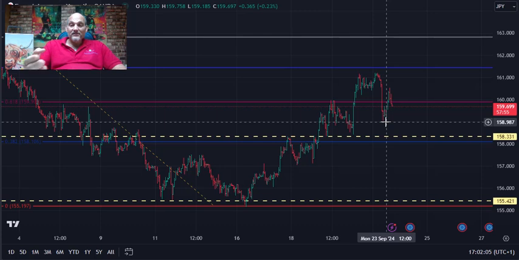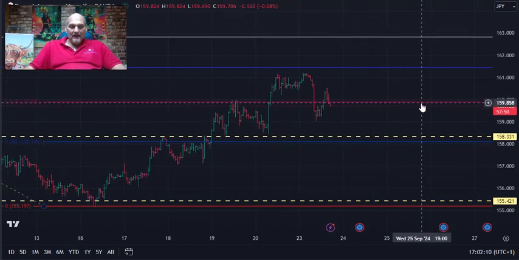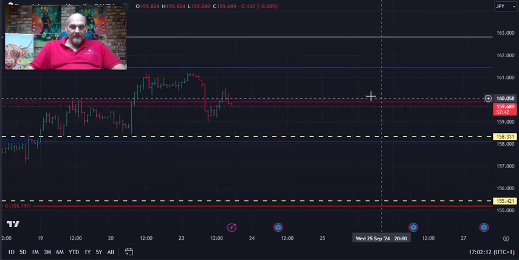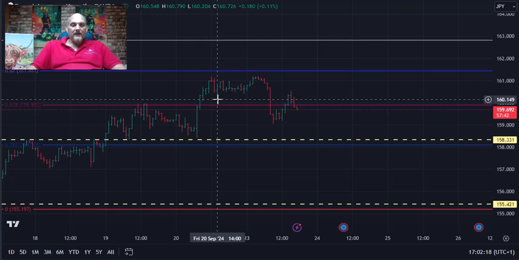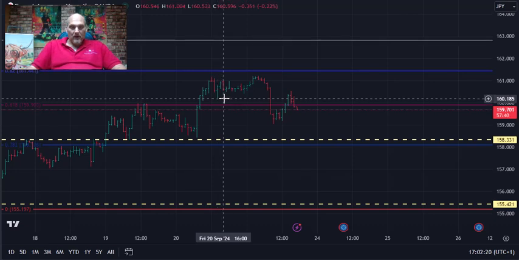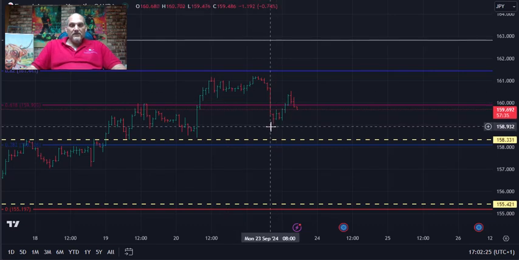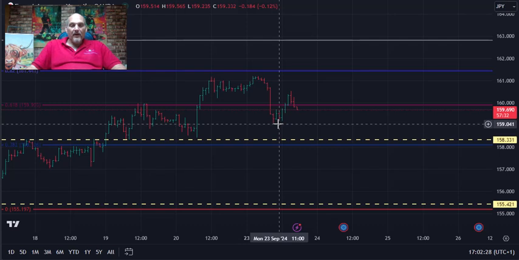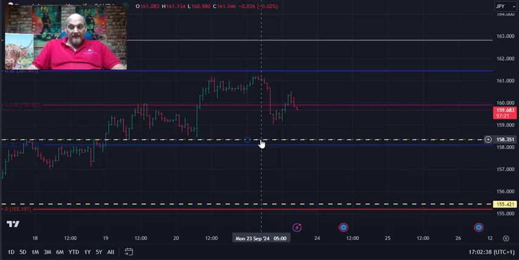Now this is a 1 hour chart, so, not talking out of both sides of my mouth, is this really a significant low? Well, off of a 1 hour chart, it is, because it was the low that wasn't surpassed until it broke here. So really the break point for this is 159.04. If it breaks 159.04, we're going back down to 158.35.